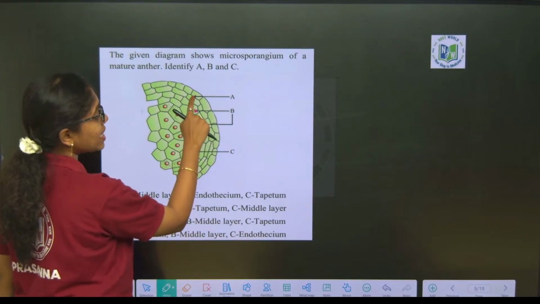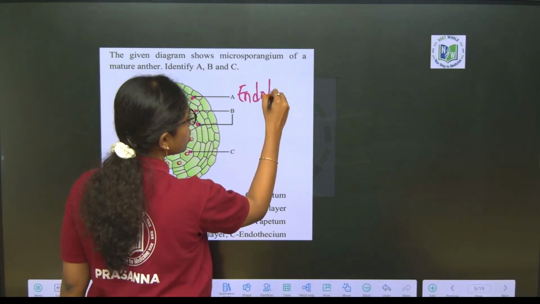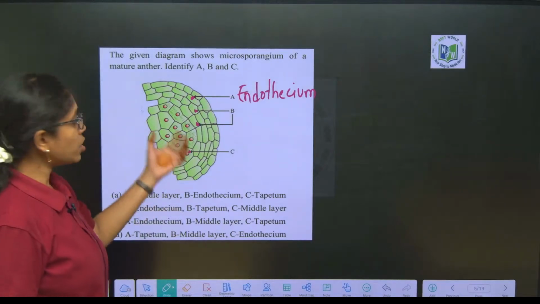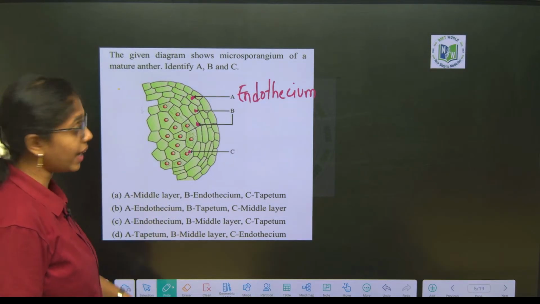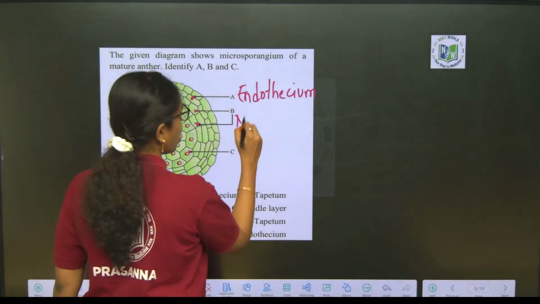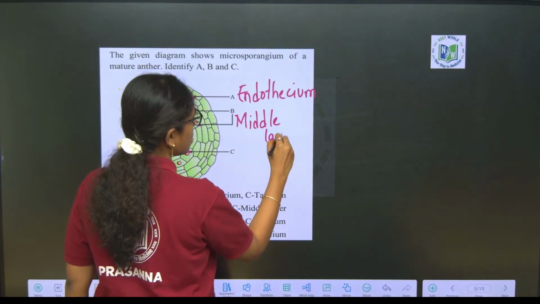The pointer is at the next layer, that is endothecium. Endothecium is single layered. In a few plants it will have alpha cellulosic fibers, but endothecium is single layered. Next to the endothecium you have 2 to 3 middle layers.